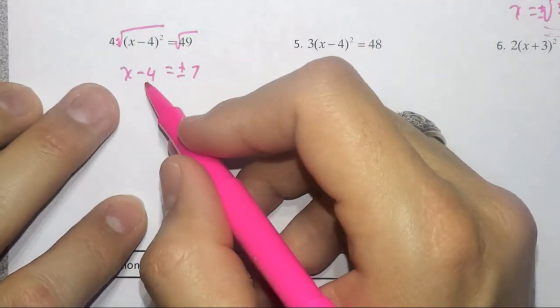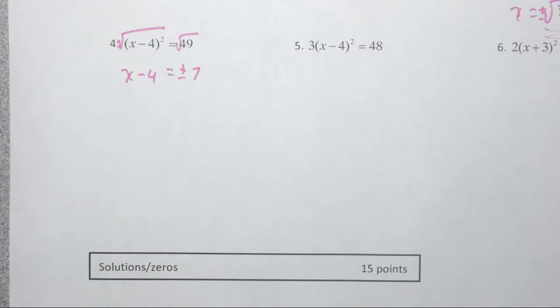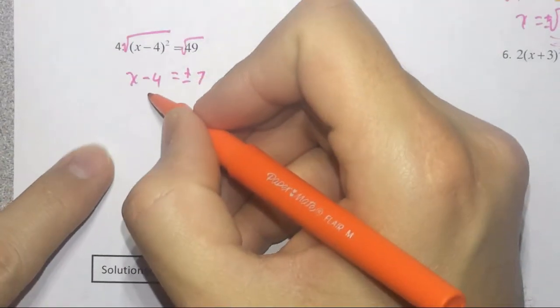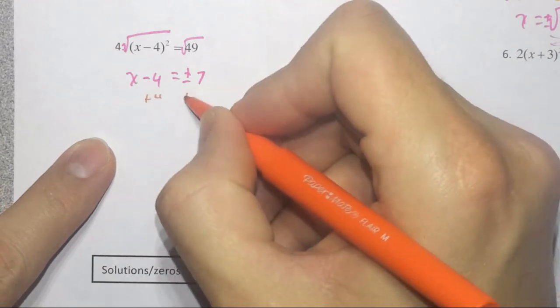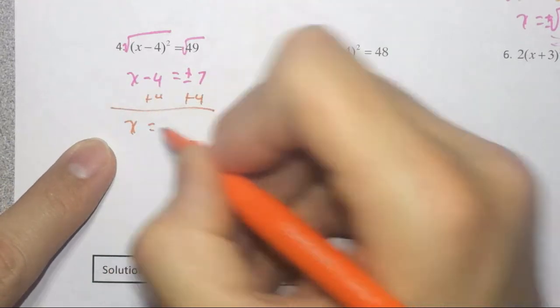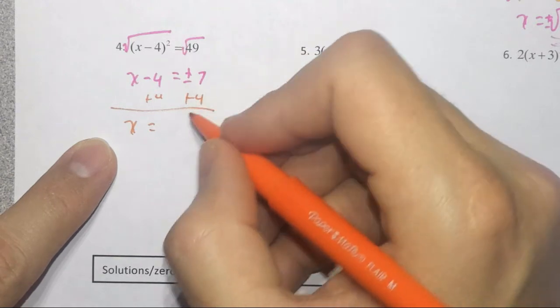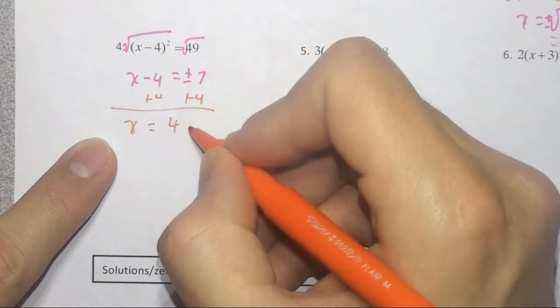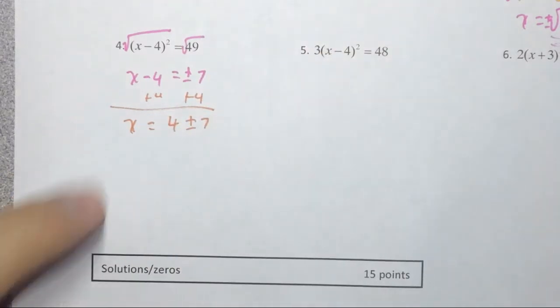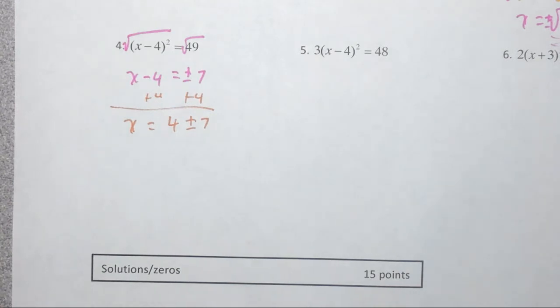Now we have this minus sign. Now we have to basically go through our solving steps one more time. Get rid of this negative 4, add 4. When we add 4, we get something weird here. So I like to put this 4 that we added there first, and then the plus or minus 7. The plus or minus is actually 2 numbers. We have a positive 7 and a minus 7.